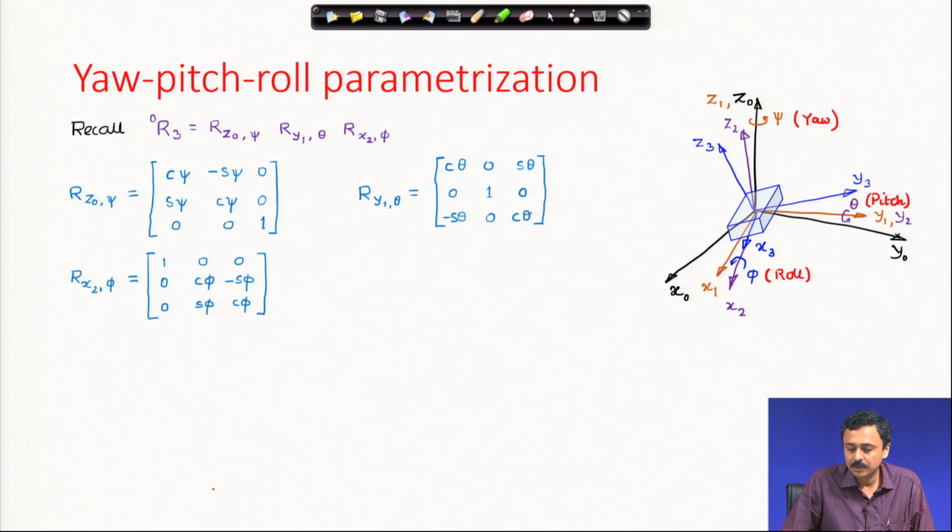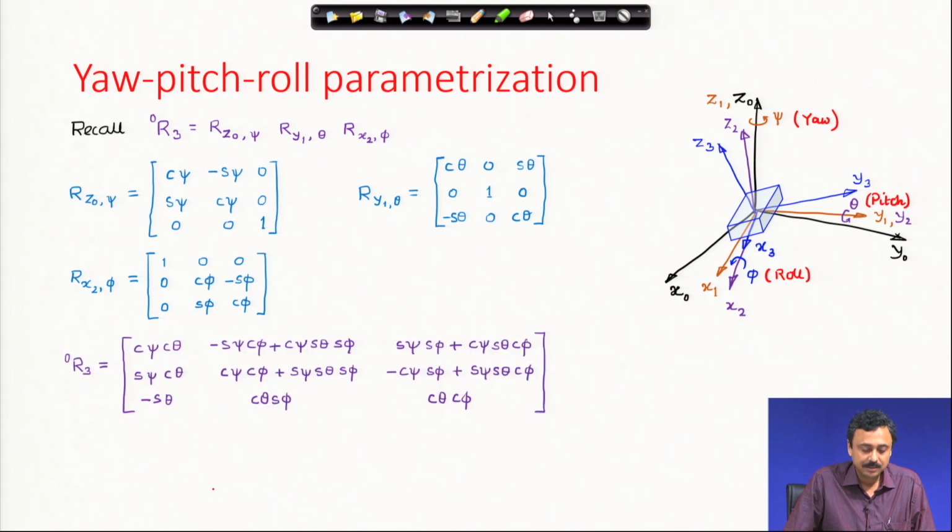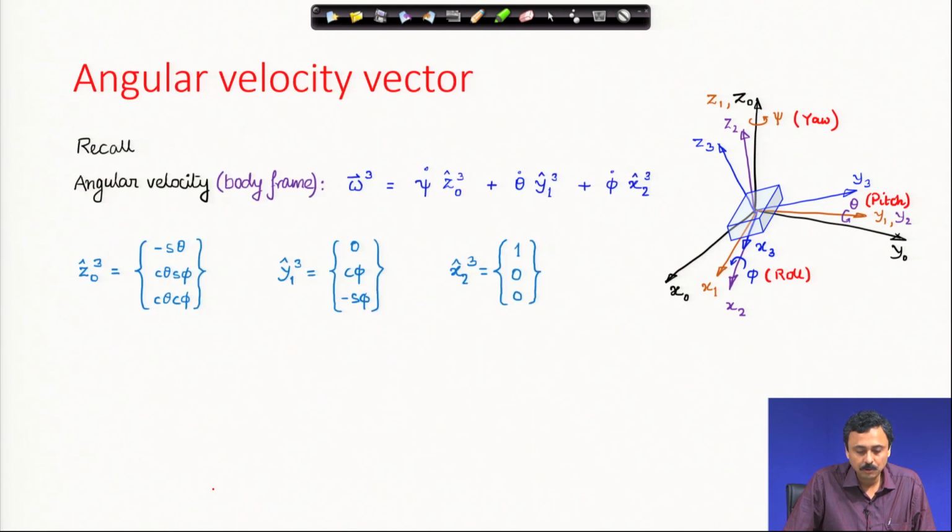You recall the transformation from the body-fixed frame, this is frame 3, to the inertial frame 0 using the fundamental rotations about z0 by an angle psi, which is the yaw angle, about the new y, which is y1, by an angle theta, which is the pitch, this is shown in the figure, and about the new x axis, which is the x2 axis, a rotation by an angle phi, which is the roll. And we had calculated this rotation matrix from 3 to 0.